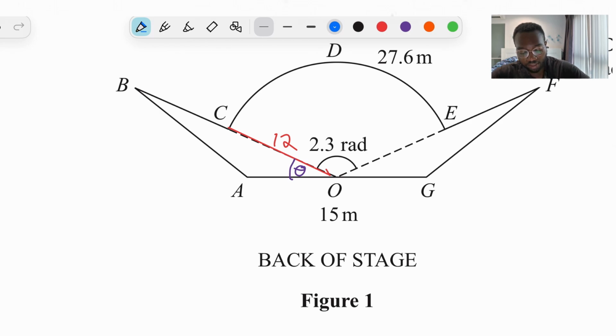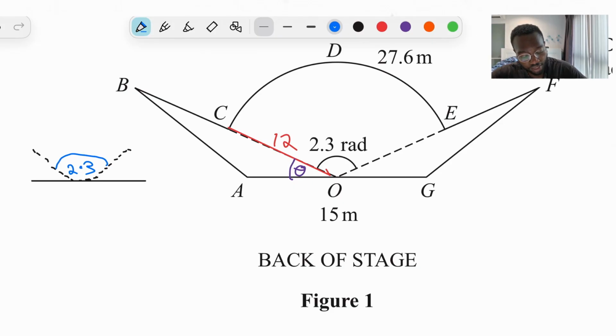If I just draw a little diagram here, this is effectively what we have. Let me make that straight line here like this. We know that this is 2.3, and angles on a straight line must equal 180 degrees, or in this case, because we're dealing with radians, they must equal pi.